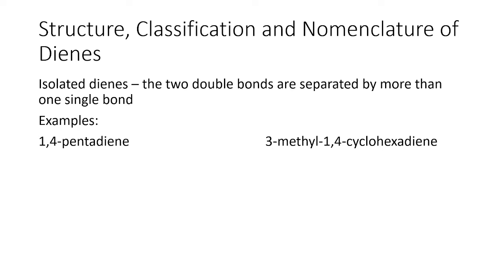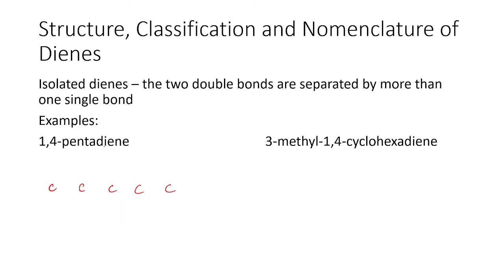We have here a 1,4-pentadiene. By pentadiene, I have here one carbon atom, let's just add the hydrogen later. One carbon, two, three, four, five. So I have here 5 carbon atoms.